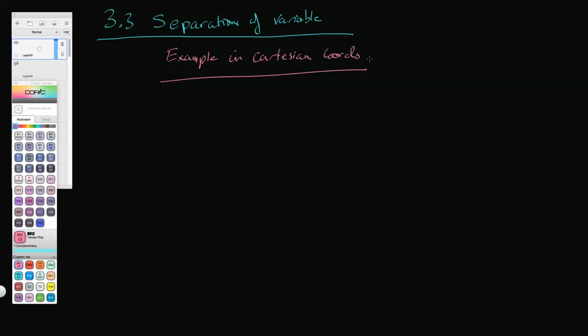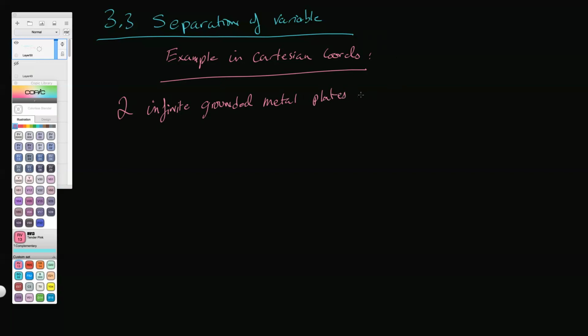All right. So let's have two infinite grounded metal plates, so obviously conductors.